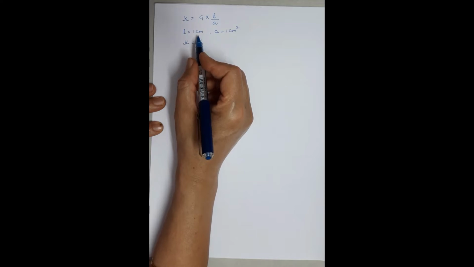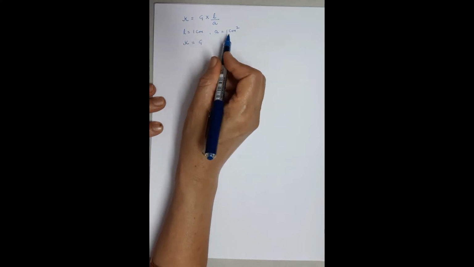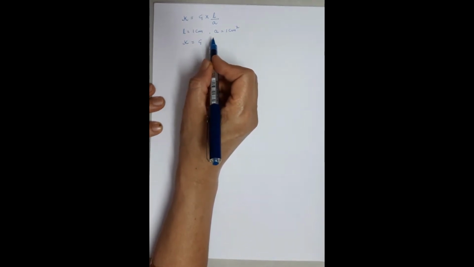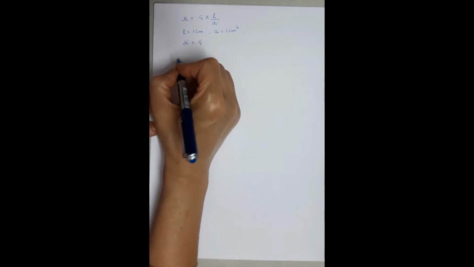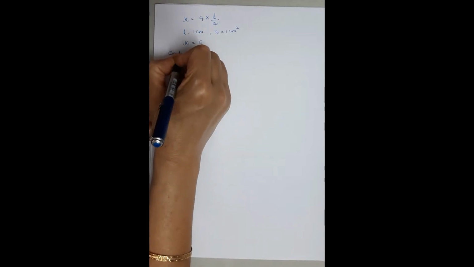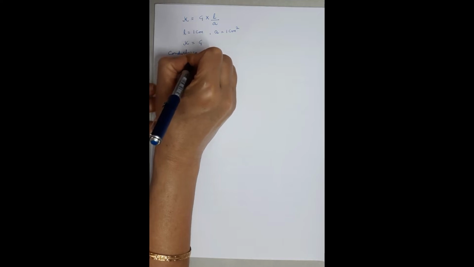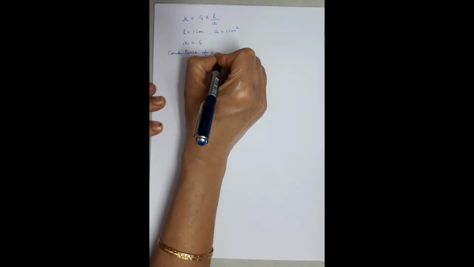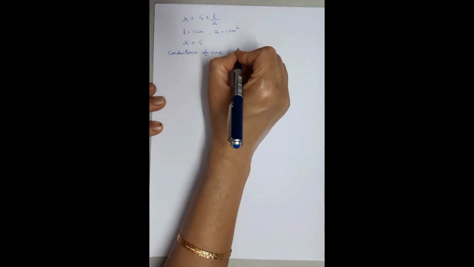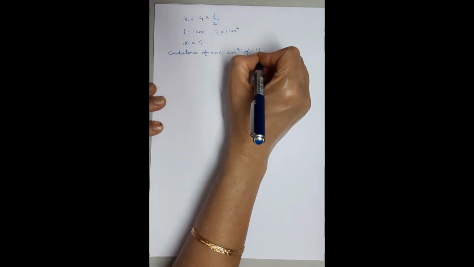Or as I told you earlier, if length and area of cross section is unity, so 1 centimeter into 1 centimeter square, it becomes 1 centimeter cube, that is volume. So I can also say, as conductivity is inverse of resistivity, it can also be defined as the conductance of 1 centimeter cube of the conductor.